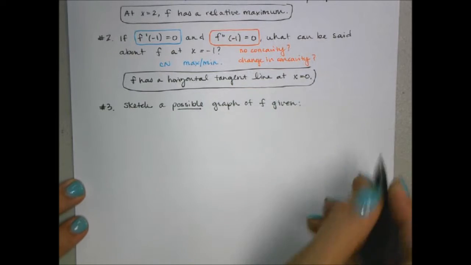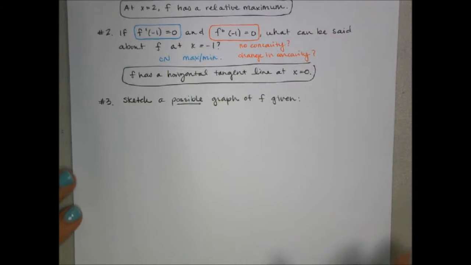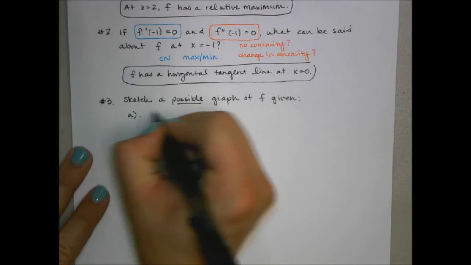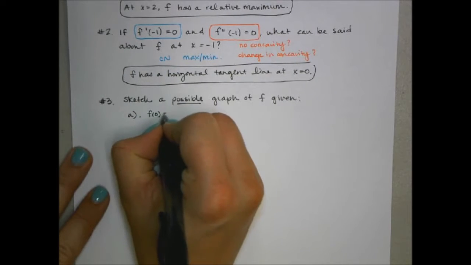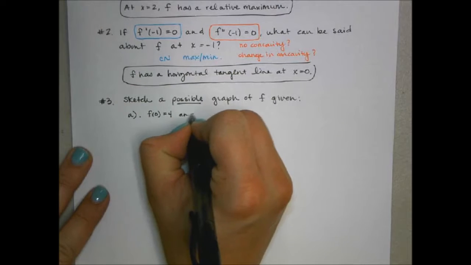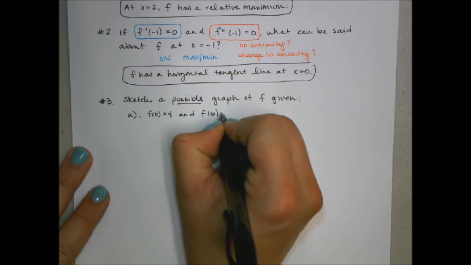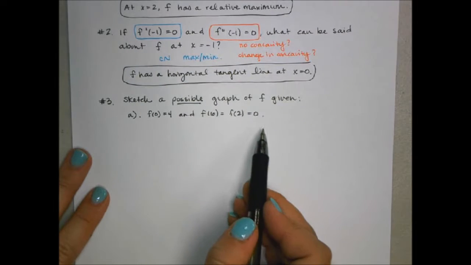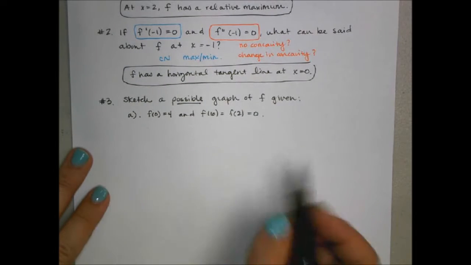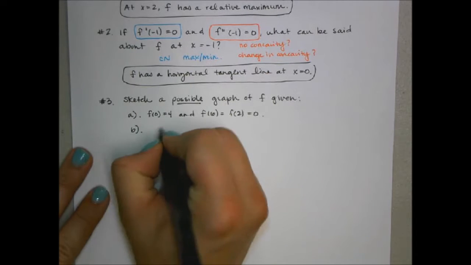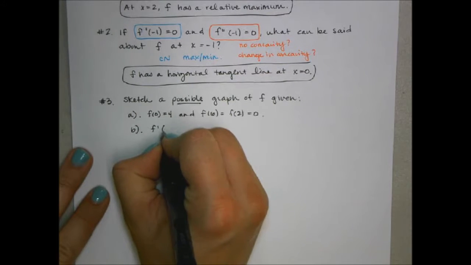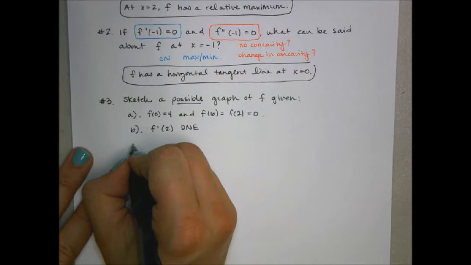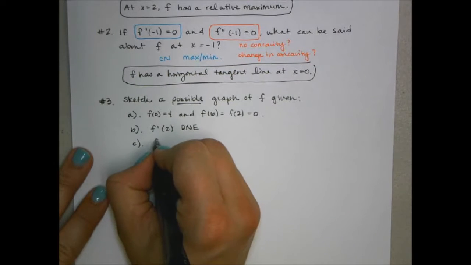So we want a graph of f that follows the characteristics given here. So first up is some information about the original function, some points that we can plot. Okay, and now some information about the derivative of the function.